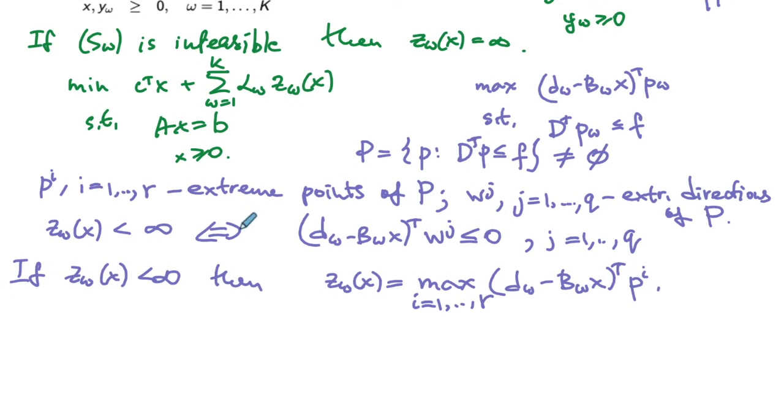So this is equivalent to finding z_omega that would be greater than or equal to (d_omega minus b_omega x) transposed multiplied by pi_i for all i between 1 and r, and we want to find the smallest z_omega that satisfies each of these inequalities here, and this will give us z_omega of x, right?